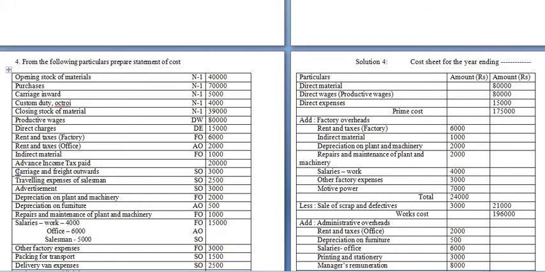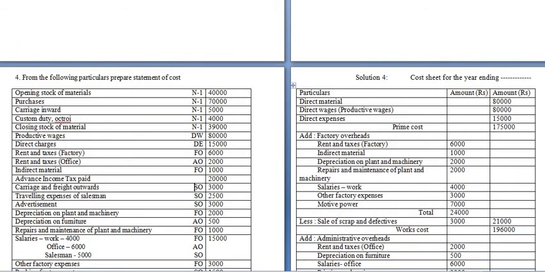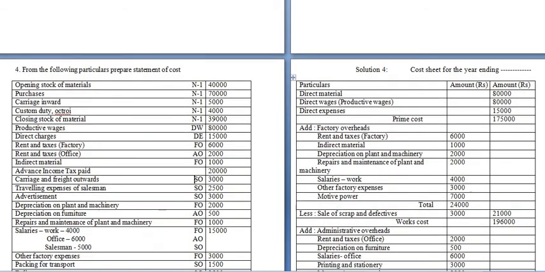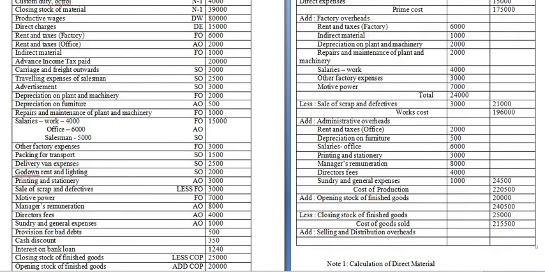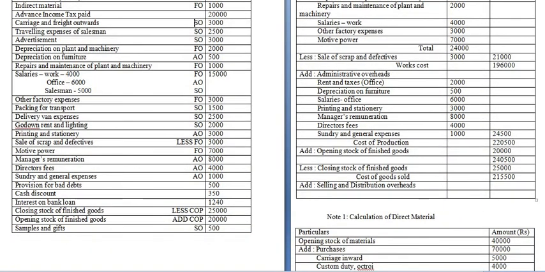Okay, here. Carriage and freight outward. Write down. Carriage and freight outward is 3,000, inner column.